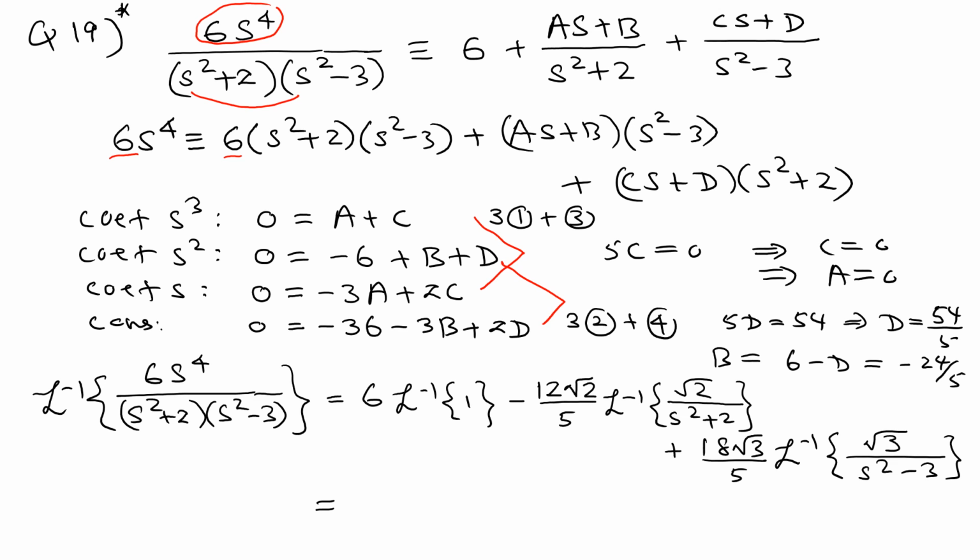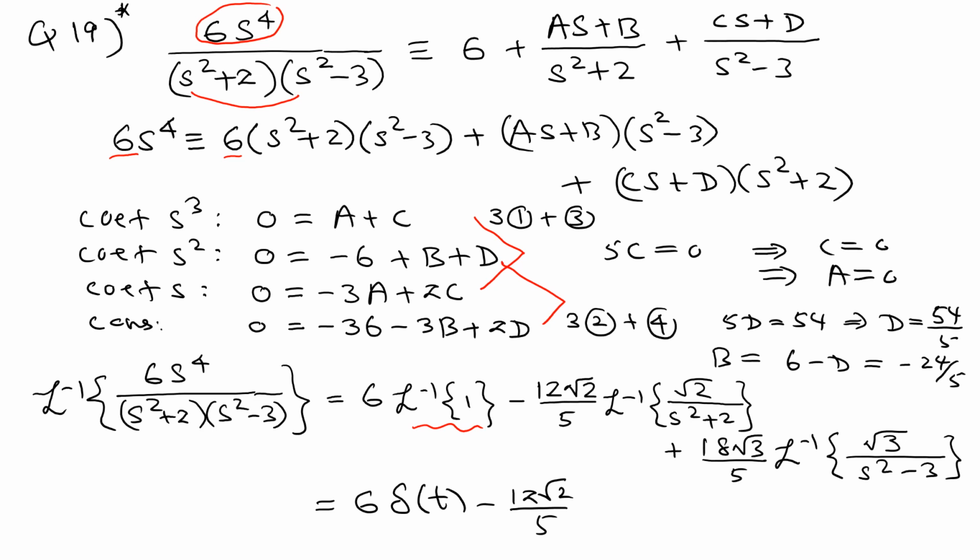And then now you can see that we have this special function. What is the L inverse of 1? And we know that that's a Dirac delta function. So we can write this as 6 delta t. That's the Dirac delta function. And the next one is, you can see it is 12 square root 2 over 5.